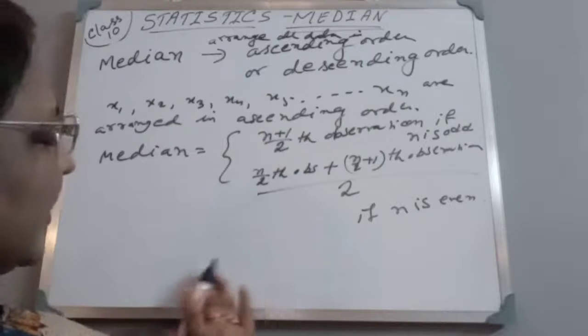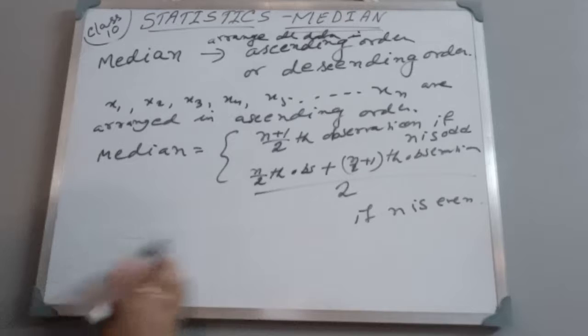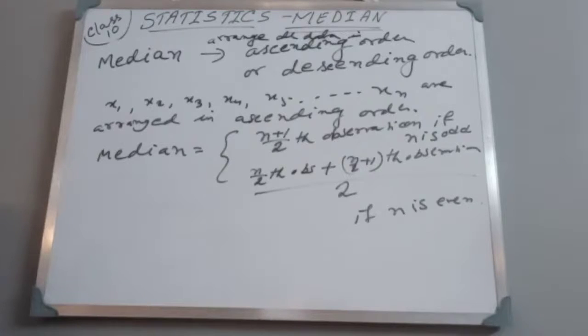This is the median when frequency is not there, only the values are there. That means when frequencies are not there, this is ungrouped data. These are for ungrouped data.